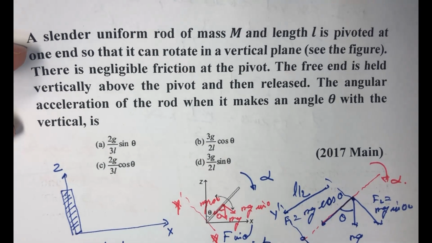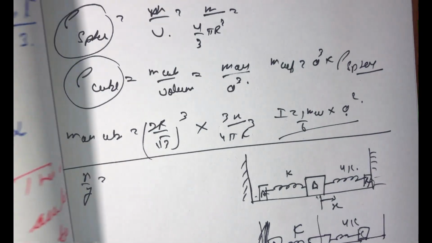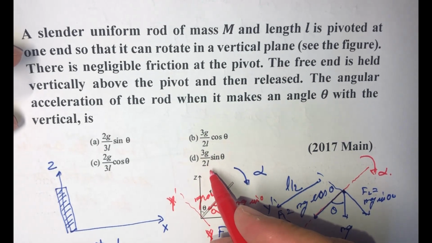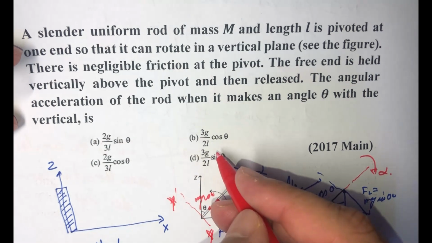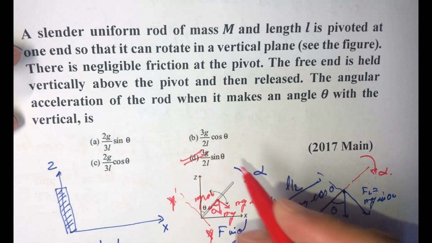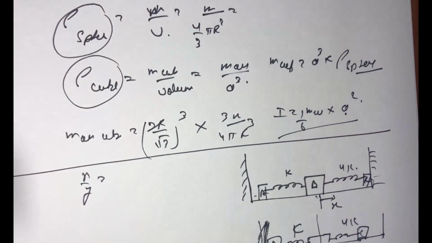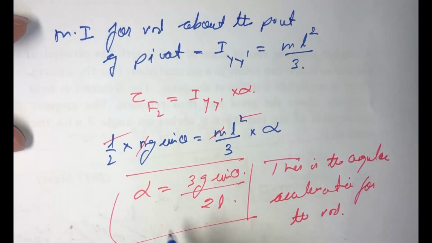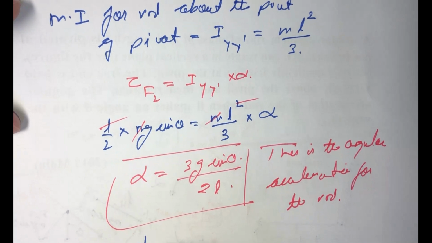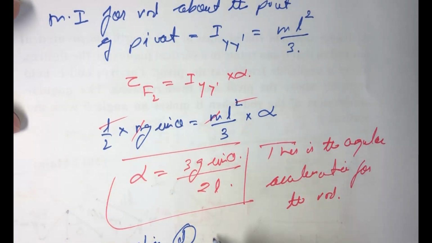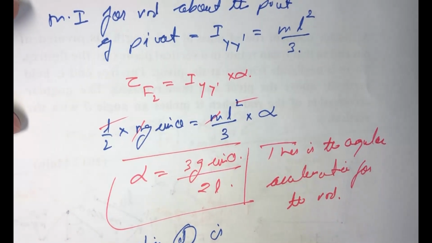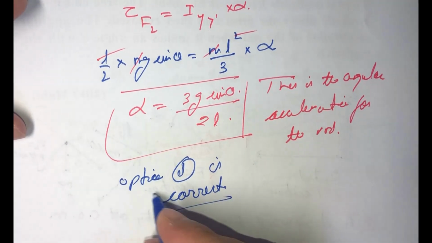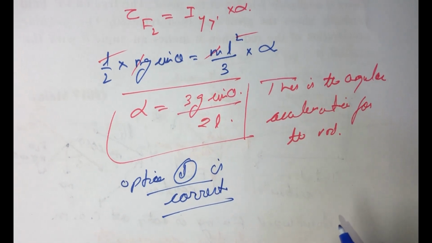So we get this as 3g sine of theta divided by 2L. Okay, so option D will be the correct option. Option D is correct. So this completes the question.